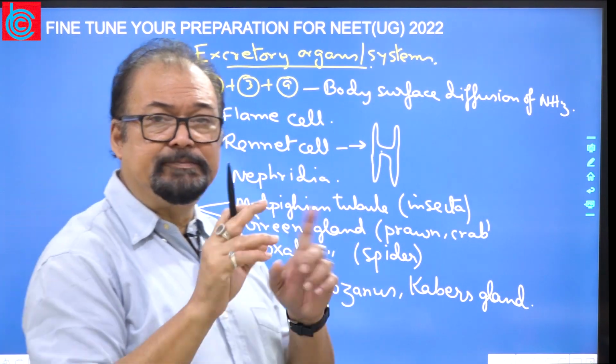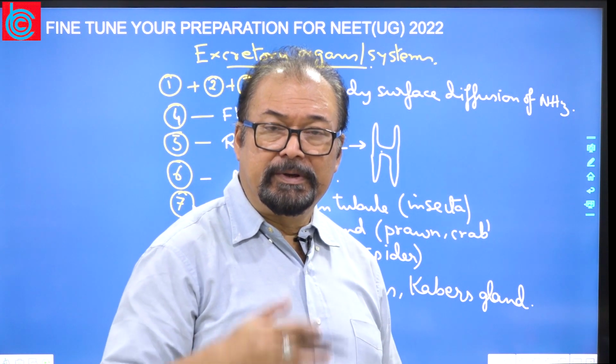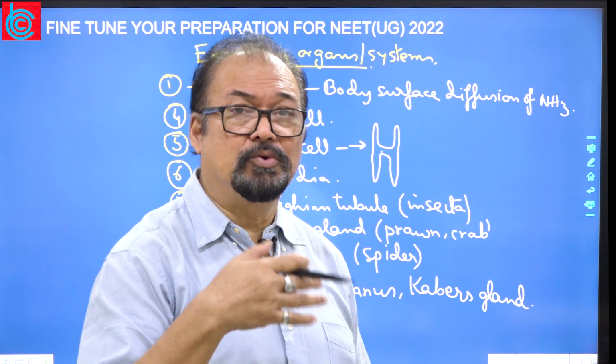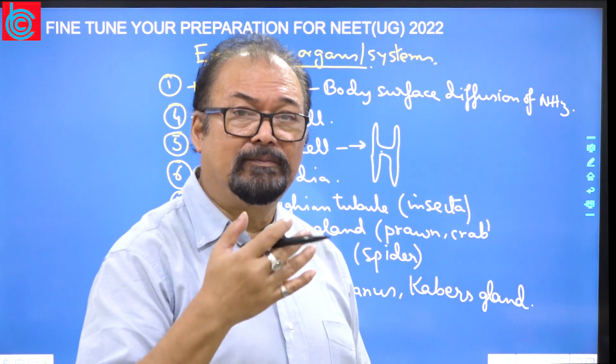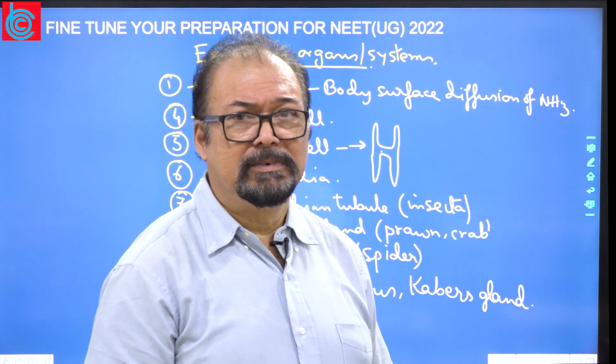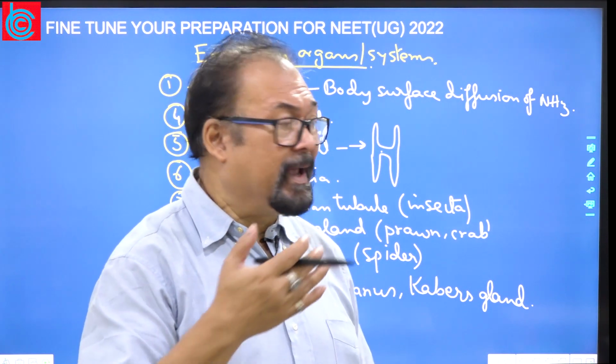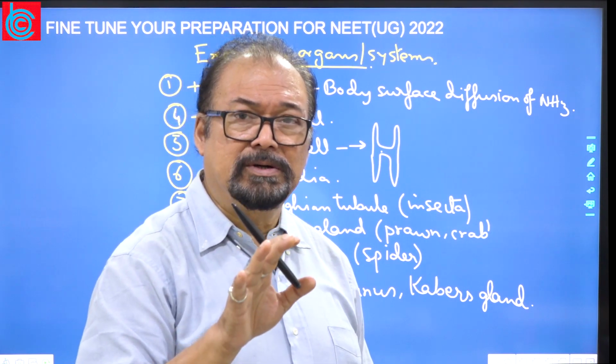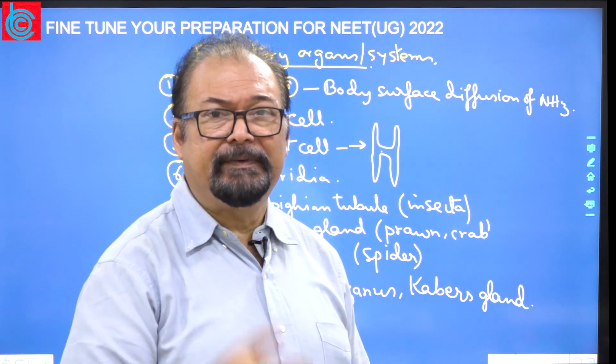For column matching, these points are important. So in the mollusca, these modified structures, according to the discoverer or who explained it, organ of Bojanus and Keber's organ. And in the remaining phylum, Echinodermata, no excretory system. And in the remaining Hemichordata and the Chordata, they have the specific structures.